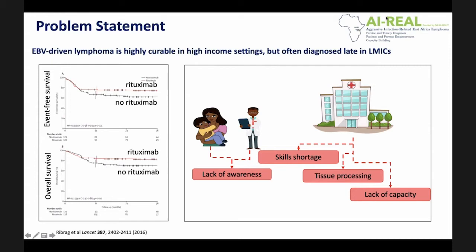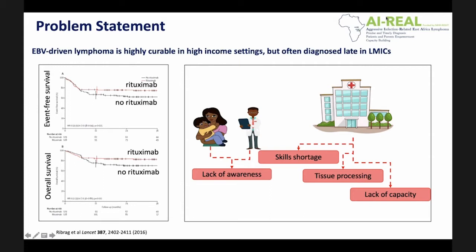The data from high-income countries already shown very significant improvements of the addition of rituximab to the chemotherapy backbone in Burkitt's lymphoma. But importantly, the diagnosis is hampered not just because of lack of awareness in the population of the severity of these types of lymphomas, but also because of a further delay in diagnosis once patients are presenting to the healthcare systems.